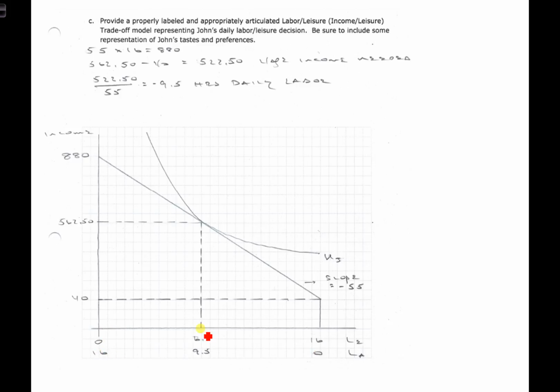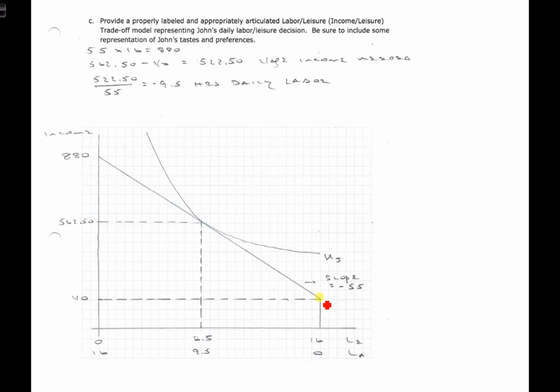So this gives us our x and our y structure. I've gone ahead and said, okay, with a $40 endowment, John doesn't need to have any labor. He still has all 16 hours of his leisure, and he gets his $40. So I've got a solid line going straight up here to the $40 mark.